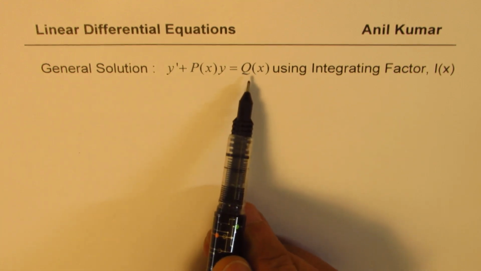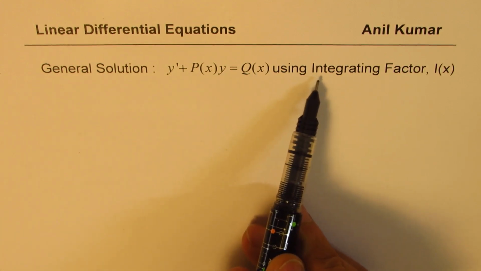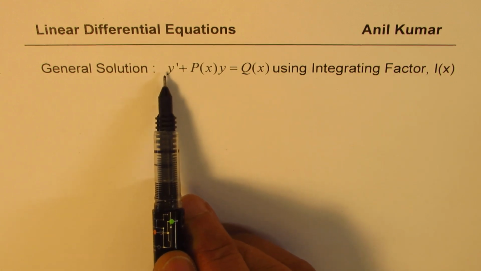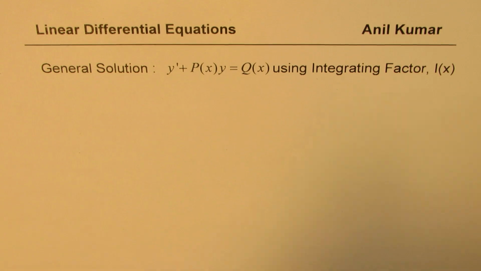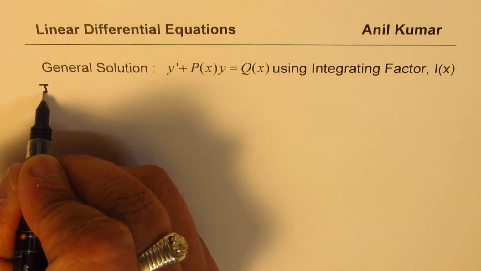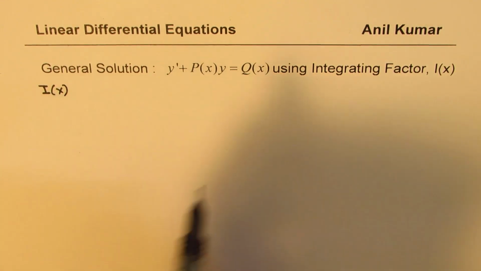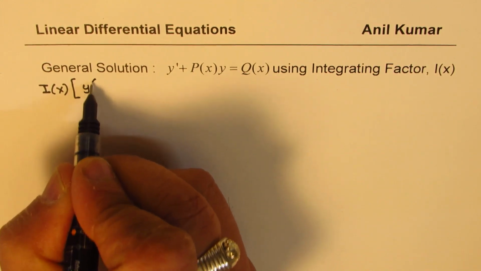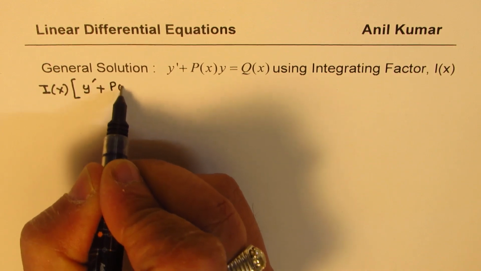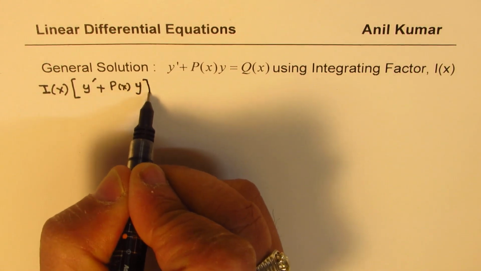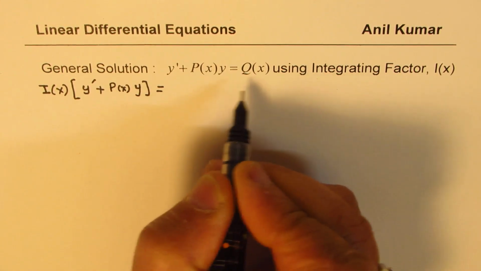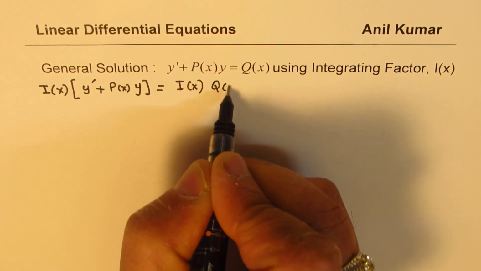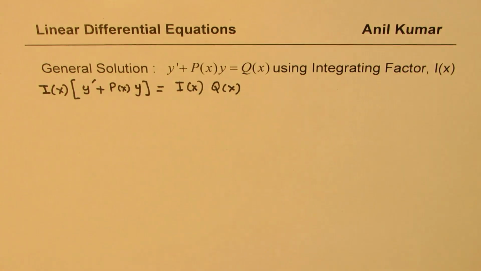To find it, we need to figure out the integrating factor I of x by which we can multiply both sides. So I of x will multiply the whole equation, and we get I of x times y dash plus p of x y equals I of x times q of x. So we need to find what I of x is.